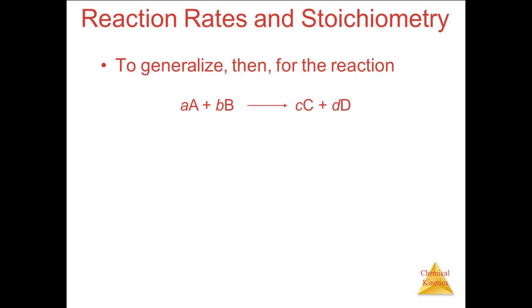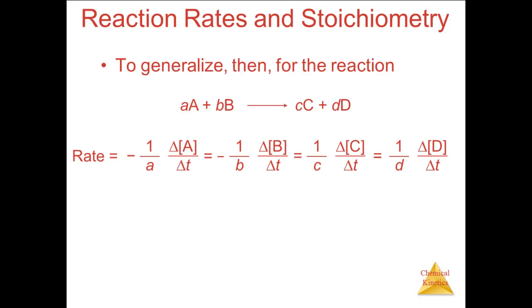For the general equation, a molecules of substance A react with b molecules of substance B to produce c molecules of substance C and d molecules of substance D, where the lowercase letters are the coefficients and the uppercase letters are the substances, we would have the following relationships among the rates of the reaction determined by using each reactant and product.